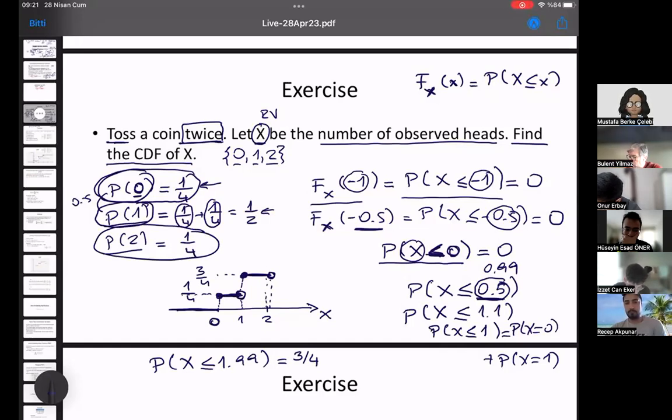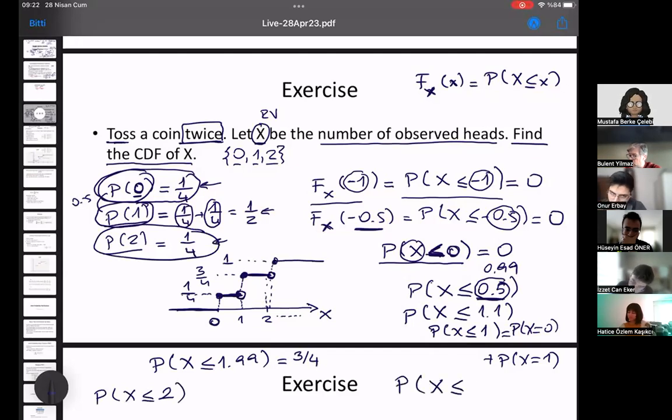When I say probability of x less than or equal to 2, then this one comes into play. Then I'm going to add it up, and then at 2, it will be equal to 1, okay? And from after that point on, it will always be 1. So probability of obtaining a random variable less than or equal to 3 is equal to probability of x less than or equal to 5 is equal to 1, okay?